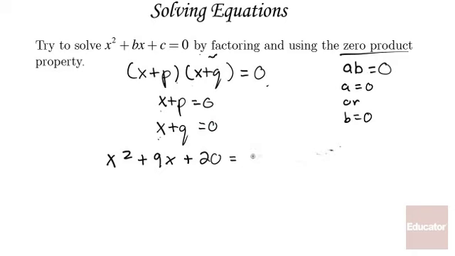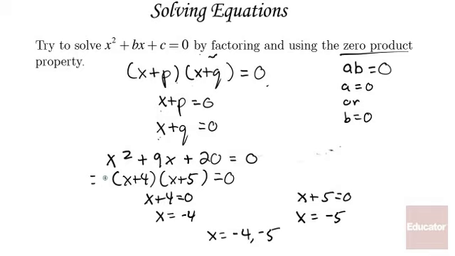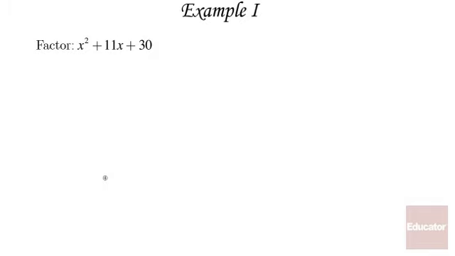So if I have this equation, I could factor it out to x plus 4 times x plus 5 equals 0. So once I have this, I can simply say x plus 4 equals 0 and x plus 5 equals 0. Very easy to solve. And I have my two solutions. x equals -4 and -5. But my first step was going to be to factor. And that's what we're going to work on right now using the examples.